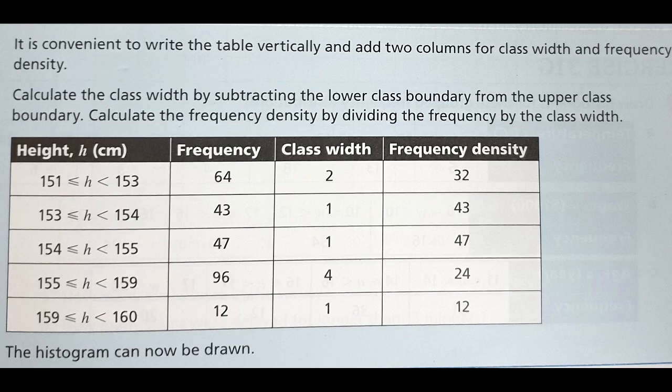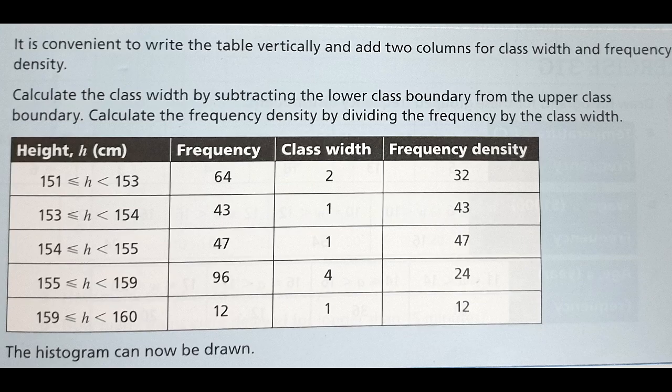So 153 to 154 will be the next block, with height equal to 43. In the same way, the third interval is 154 to 155 and the height is 47, and for 155 to 159 the height we make it 24. For 159 to 160 the height will be 12. So the histogram will have different widths.